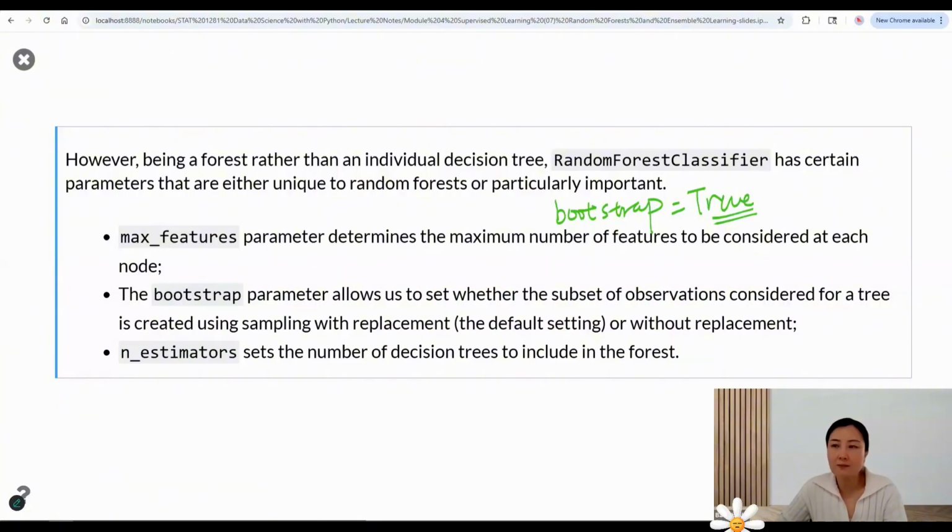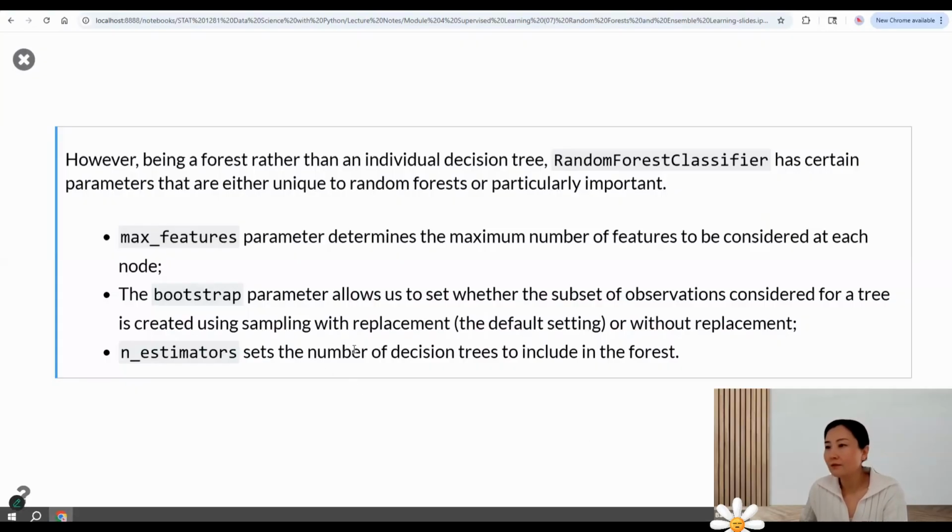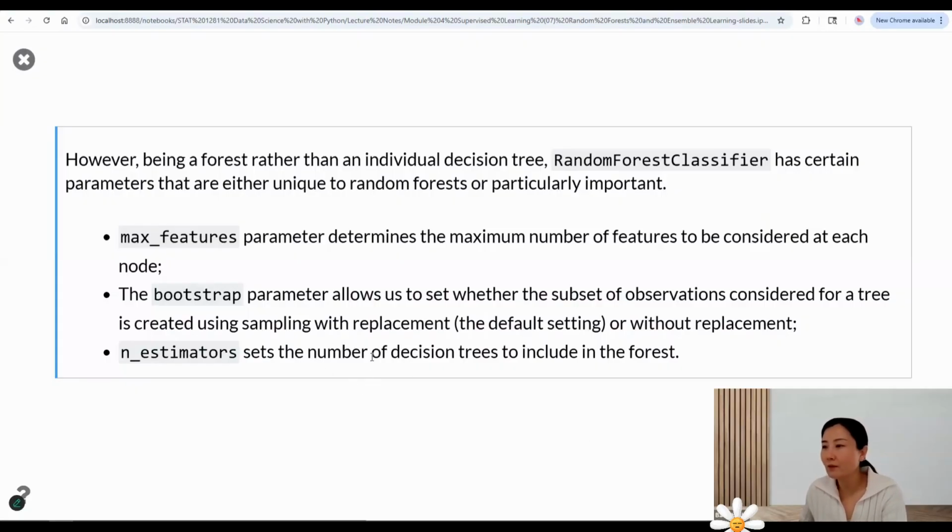It cannot be equal to the original training data set, because otherwise the sample will be exactly the same as the training set, and then you cannot have different trees on different sets anymore. So this is very rare. Usually we let it be true, but tomorrow, when we talk about other ensemble modeling methods, we will consider the sampling without replacement case. It is similar to a random forest, but not exactly a random forest anymore. And n_estimators is the number of trees.